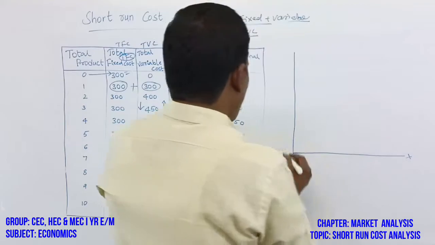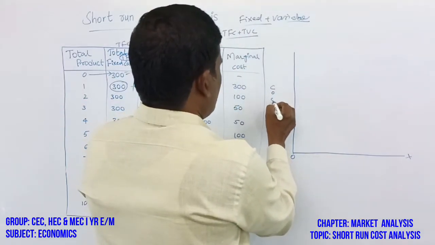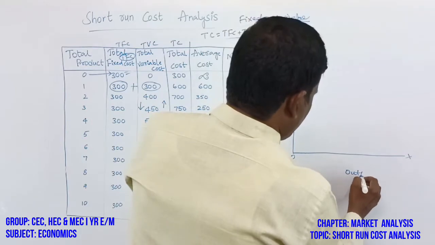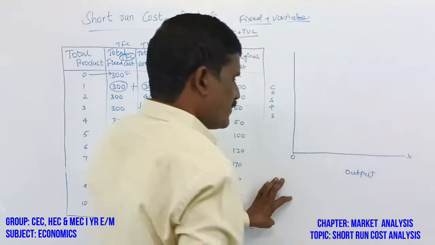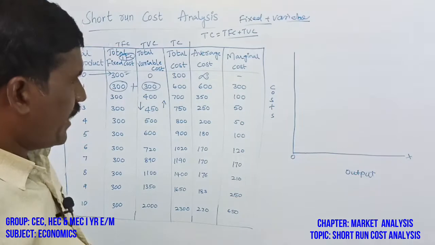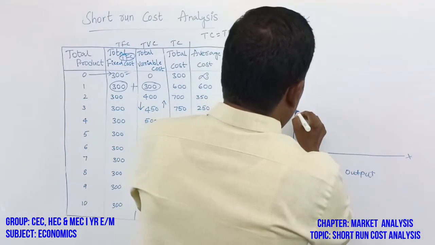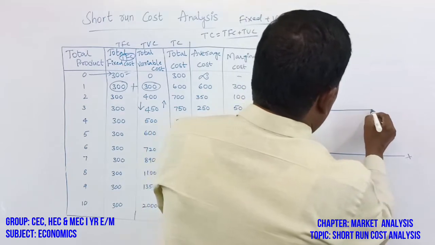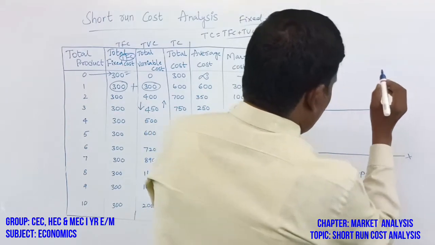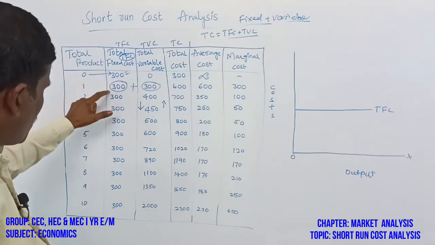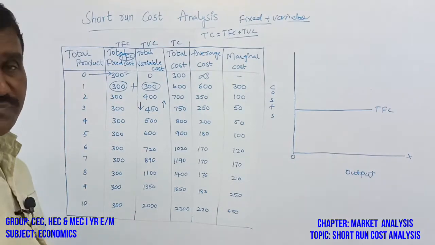See here, we take cost and output. This is the total fixed cost. What is the total fixed cost? The total fixed cost goes on constant.